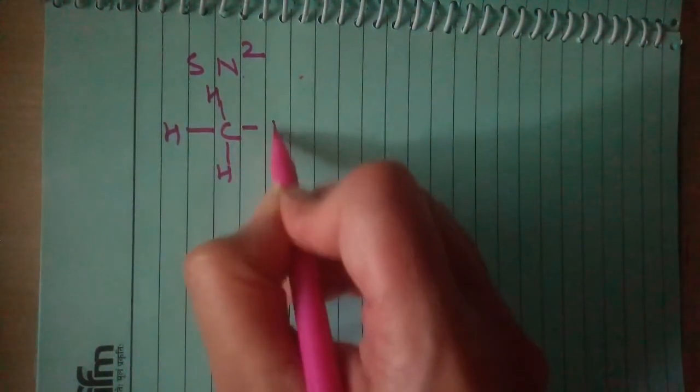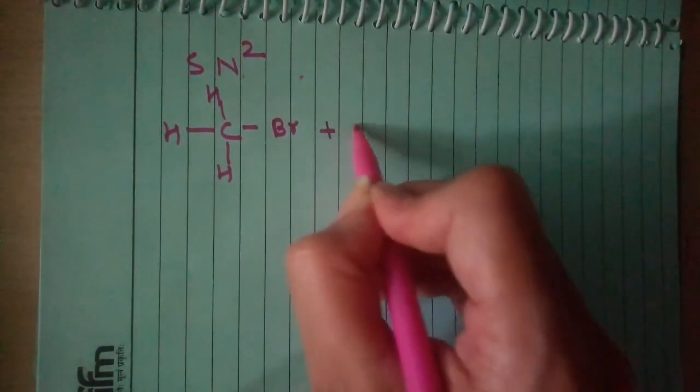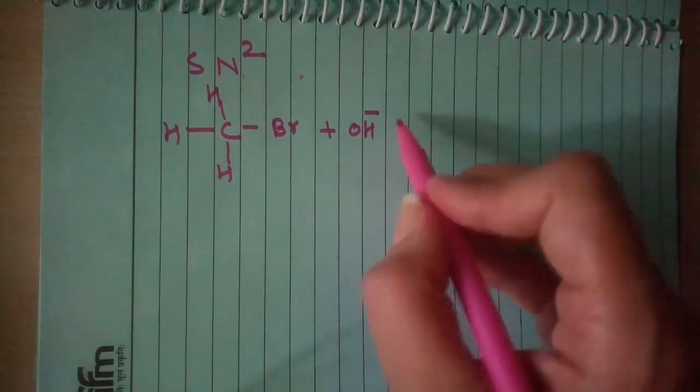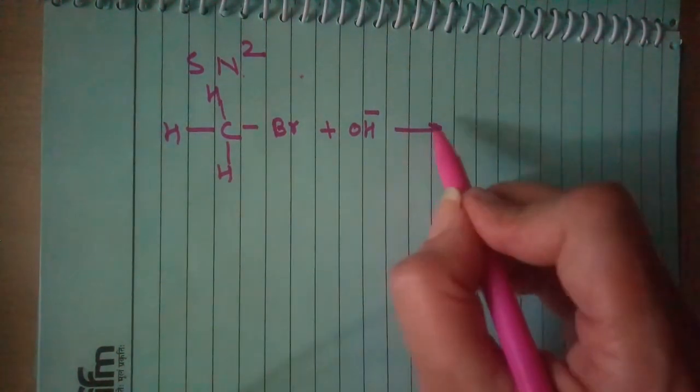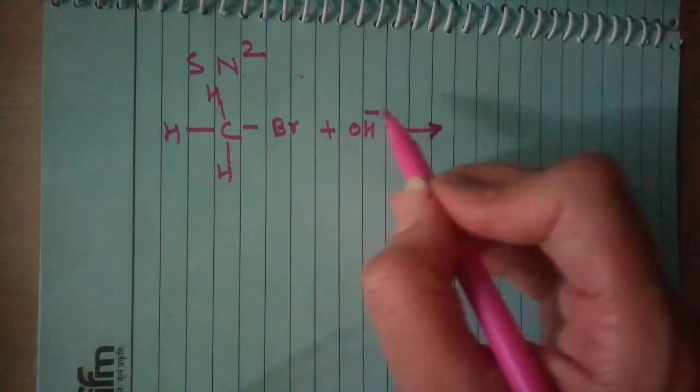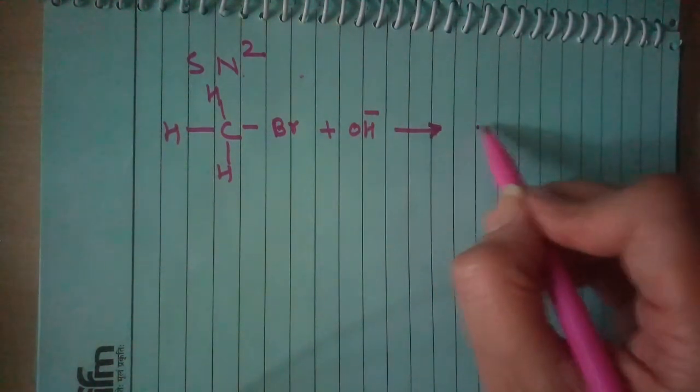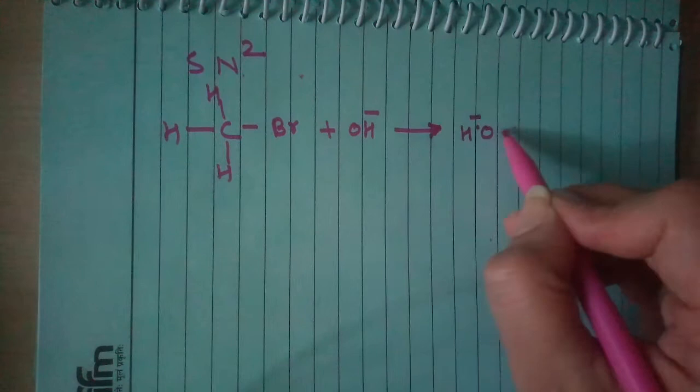Now if you follow the SN2 mechanism, here it is very simple. Here it is a primary halide. In SN1 it was a tertiary halide. Here this OH minus is attacked on bromine, and you are getting a transition state.